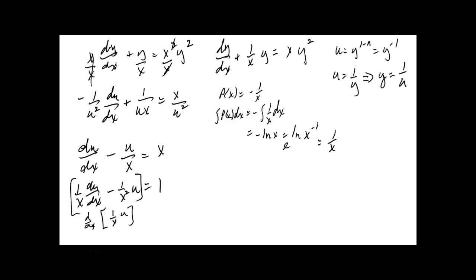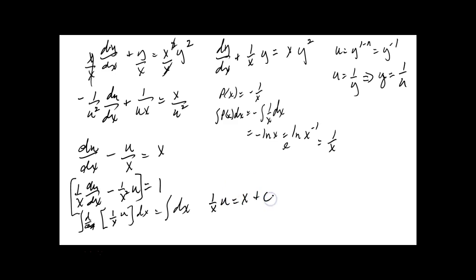Yes, that's right. So this is a perfect derivative. Multiply both sides by dx and integrate, and that gives you 1 over x u is equal to x.